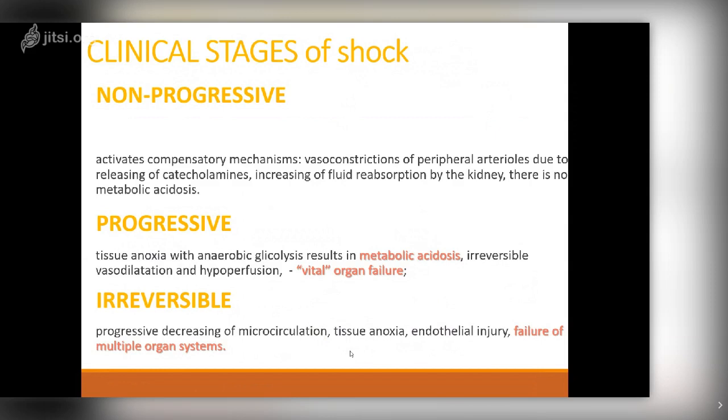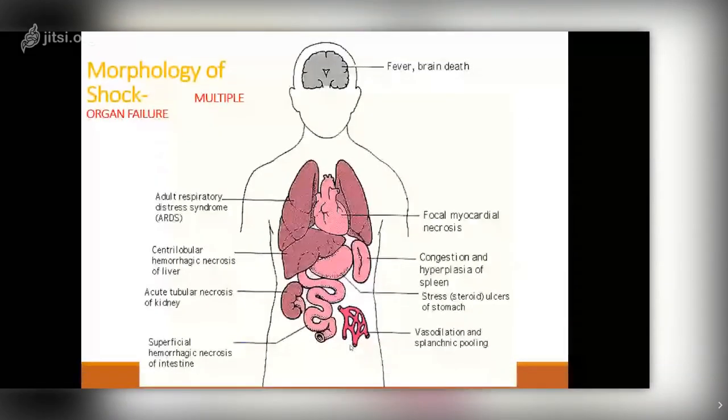And in irreversible stage, there is progressive and uncontrolled vasodilation with severe tissue anoxia, with severe damage of endothelium. And in this stage, we understand that nobody can help our patient because he or she will die due to failure of multiple organs that catching one to another will form a vicious cycle.